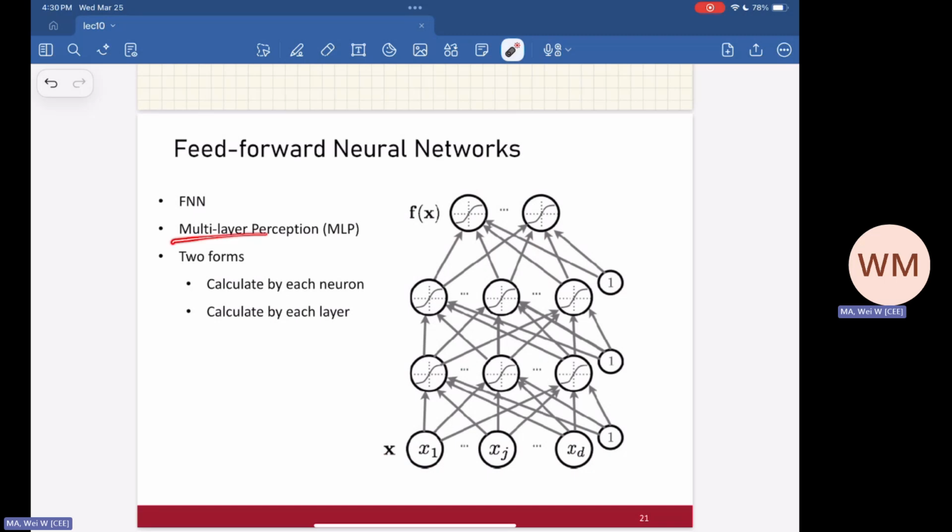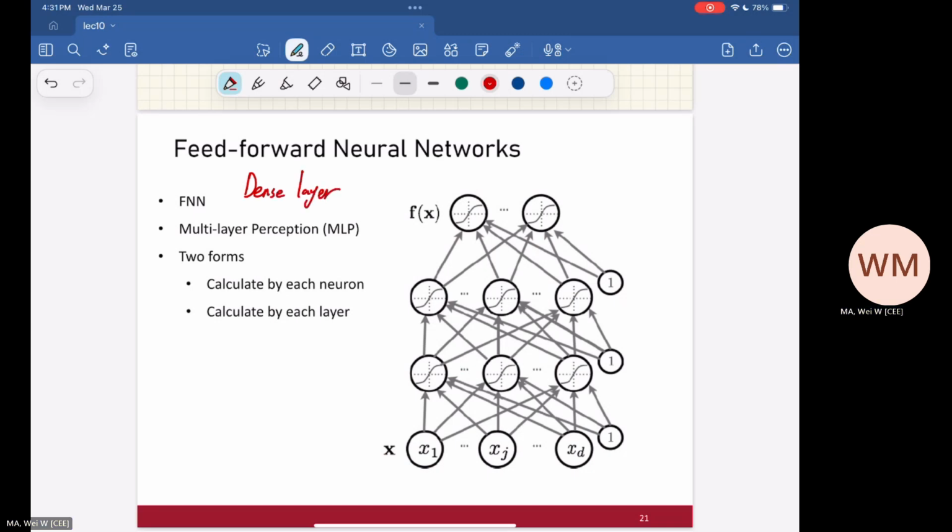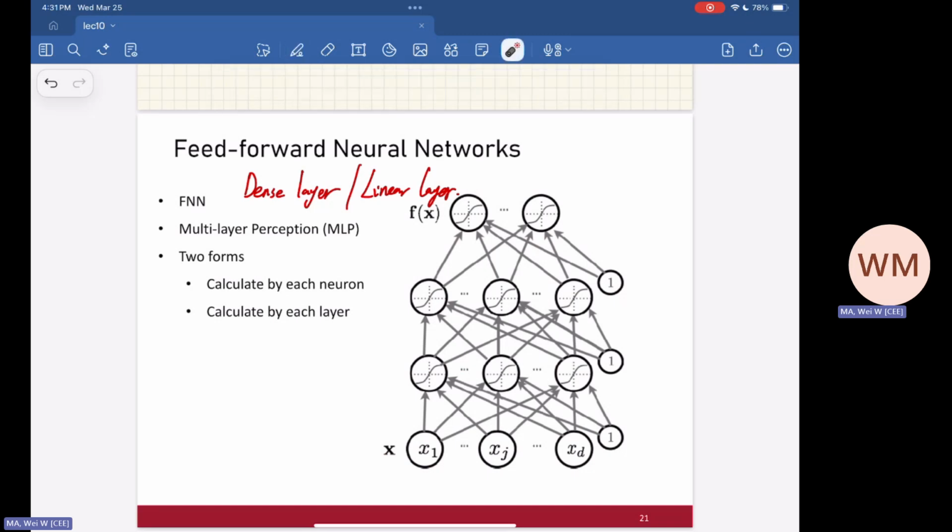I think this name is very easy to understand. In PyTorch or TensorFlow, this is also called a dense layer or linear layer, depending on which software you're using. No matter whether dense layer, linear layer, FNN, or MLP, it's referring to the same thing: layer by layer calculation, with each layer connected like this.